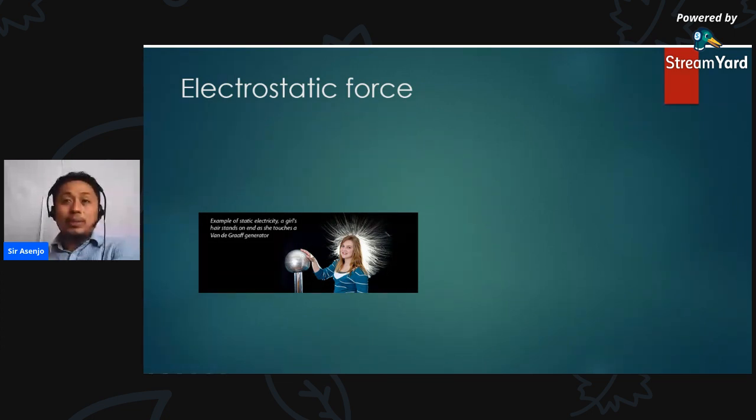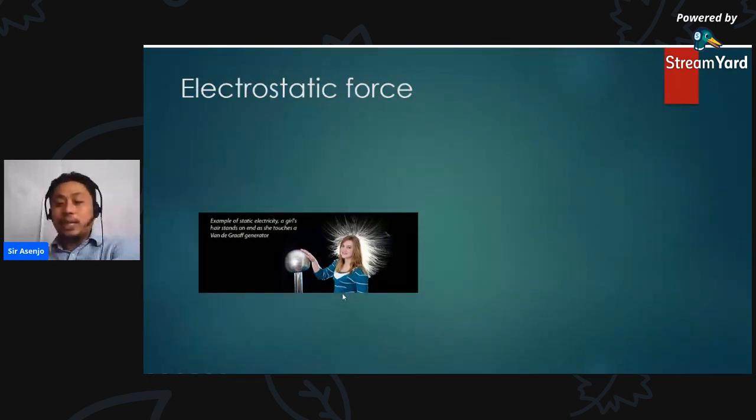It's very far from the generator, but it moves up. It stands on end. So this is a good example of electrostatic force. The hair is not physically touching the generator, but still it stands up. So this is an example of non-contact force.